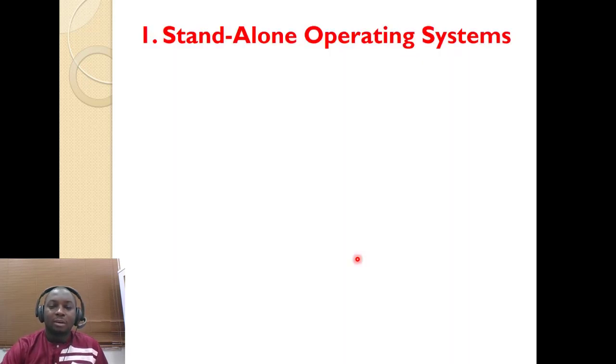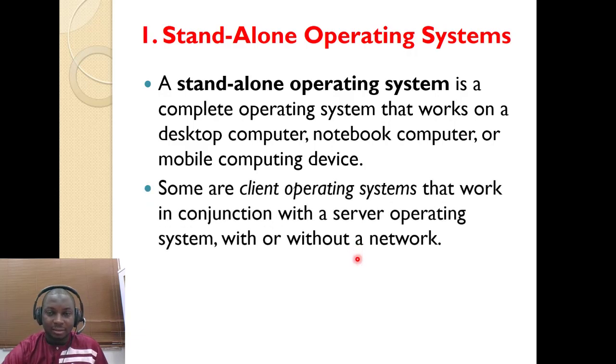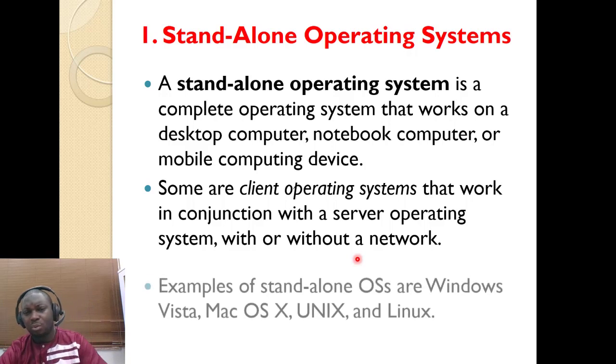Then to go further and break them down, the standalone, we have seen, is a complete operating system that works on desktop machines, notepad, and many others. Some are client operating systems that work in conjunction with the server operating system. So they work together.